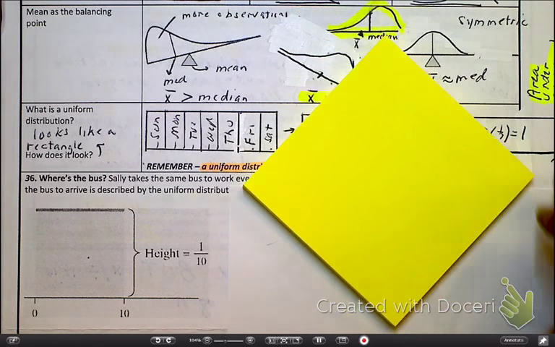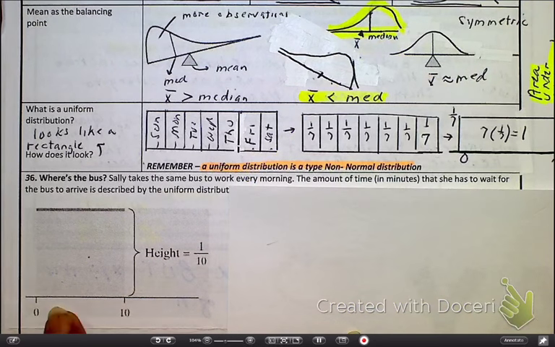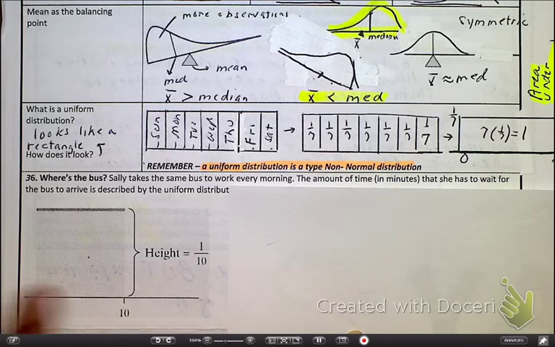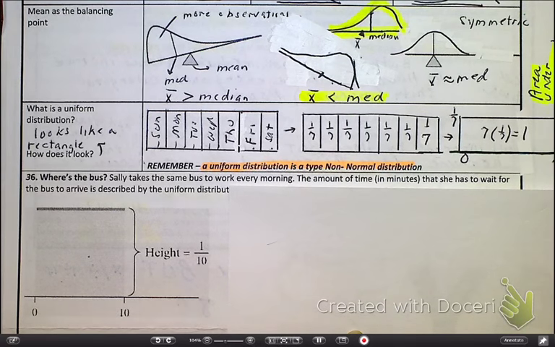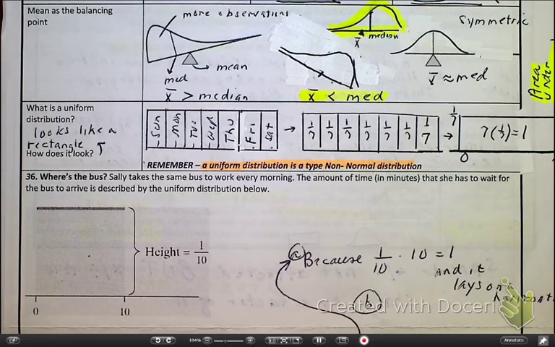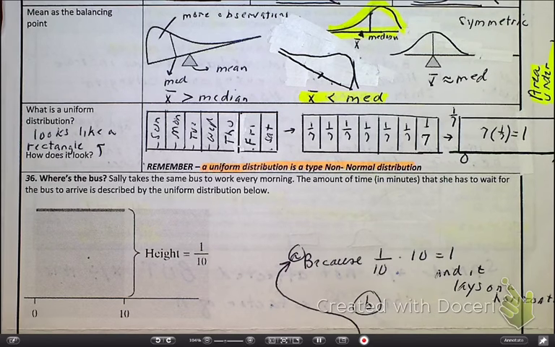Here it is laying on the horizontal, so that's a check. And what is 10 times 1/10, guys? It's 1. So yes, we have confirmed that it does satisfy the requirement.